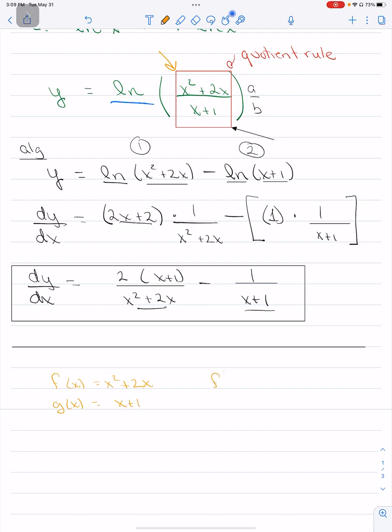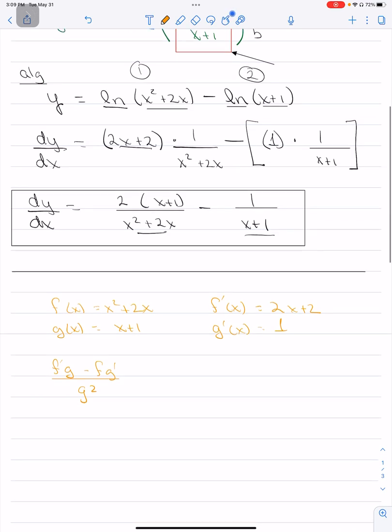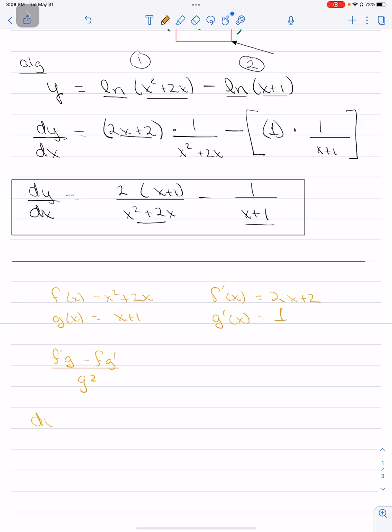Then I know I'm going to need f prime of x. Derivative of f of x is 2x plus 2, and then I also need g prime of x eventually, and that's going to be 1. And then I remember that the quotient rule is f prime g minus f g prime all over g squared. So for the derivative of the inside, I'm about ready to start writing here, so my whole dy/dx from that big function up there, I'm going to need some brackets here.